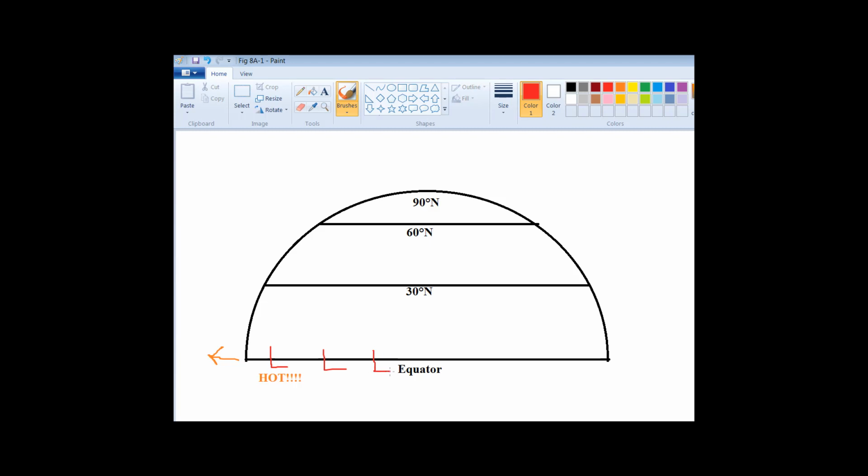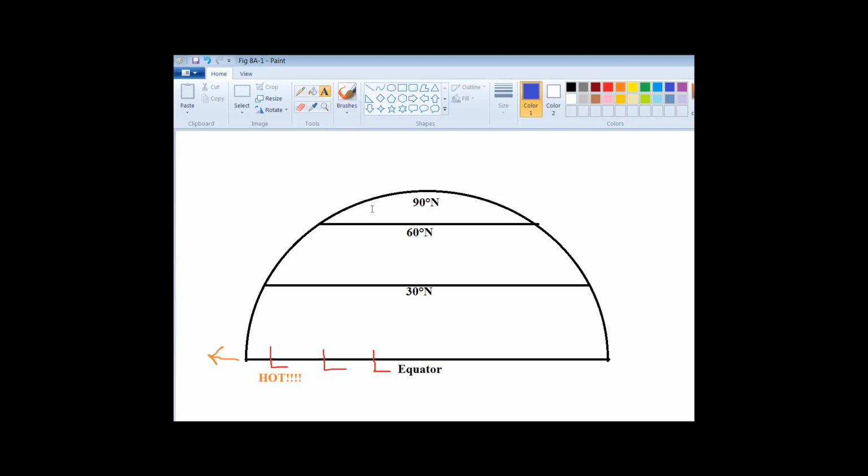Alright. On the other hand, as you move away from the equator, the sun gets lower and lower on the horizon. What that means is that the North Pole, the farthest away from the equator that we can be here on Earth anyway, is going to have cold air.